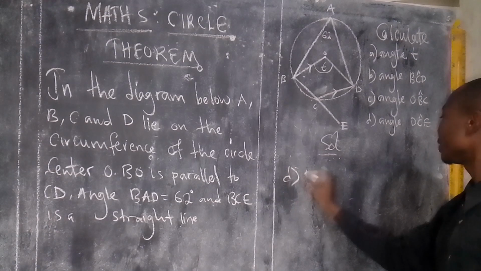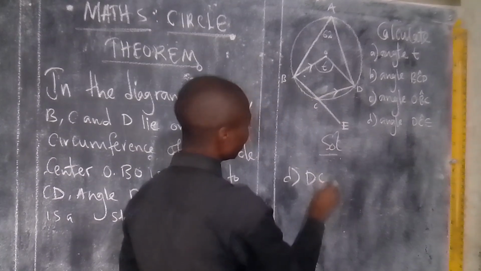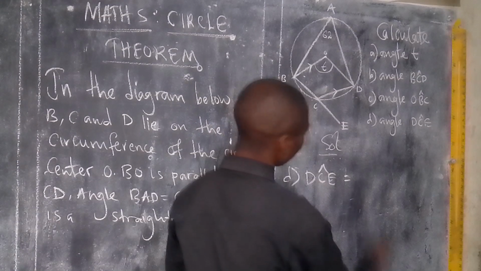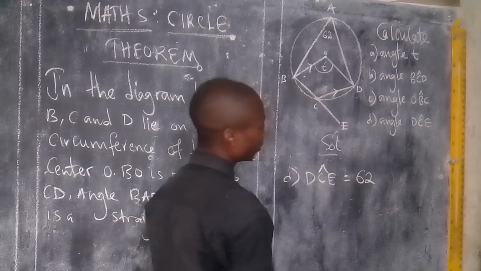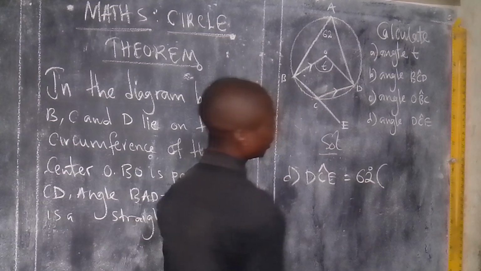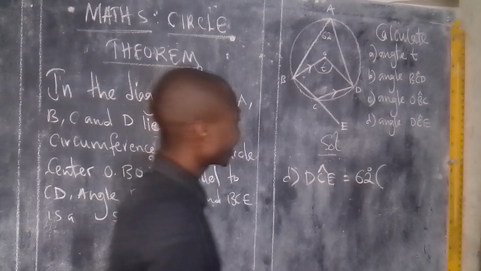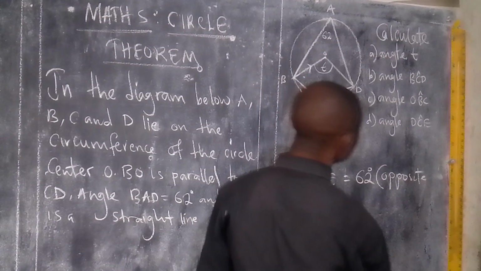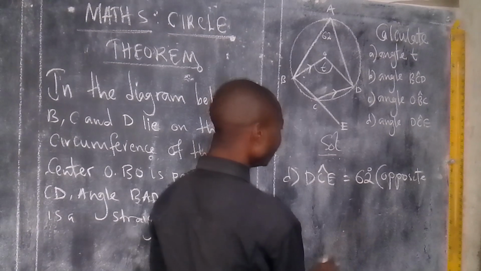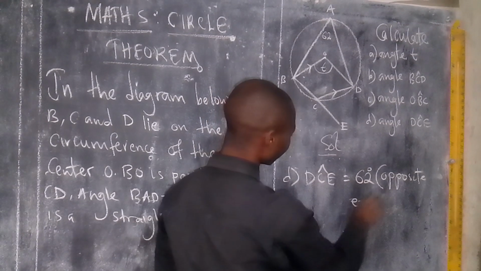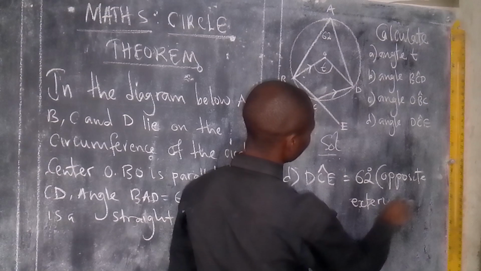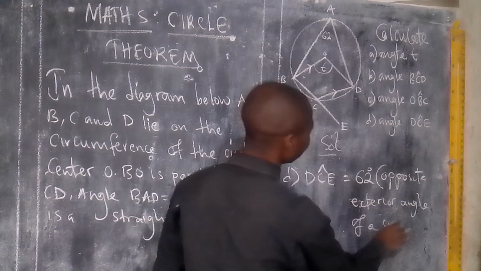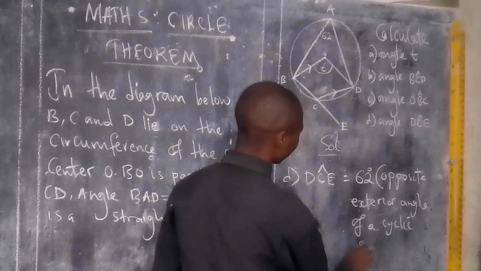So we say angle DCE is equal to 62. And the property that you can state there is: the exterior angle of a cyclic quadrilateral equals the opposite interior angle.